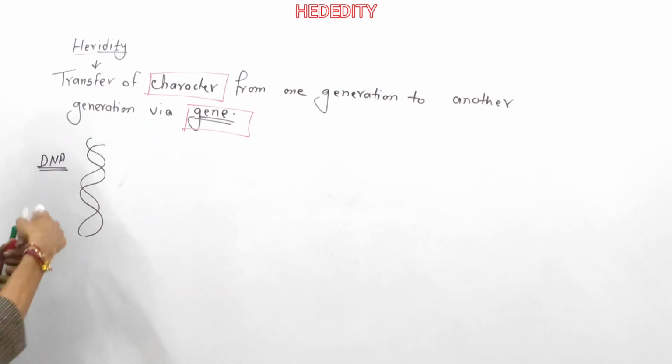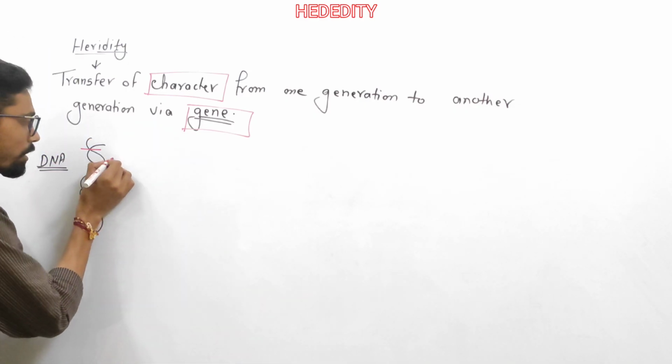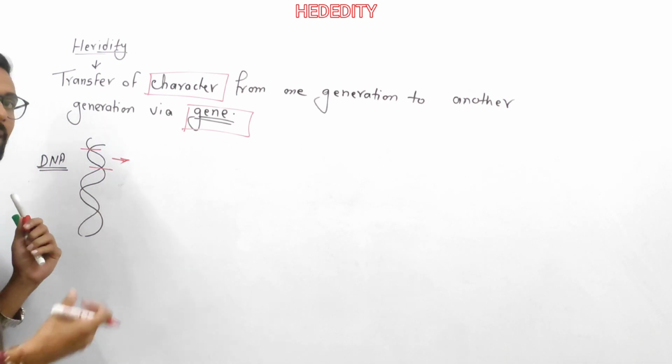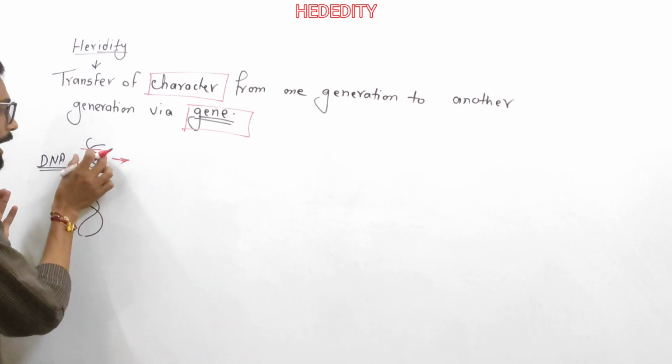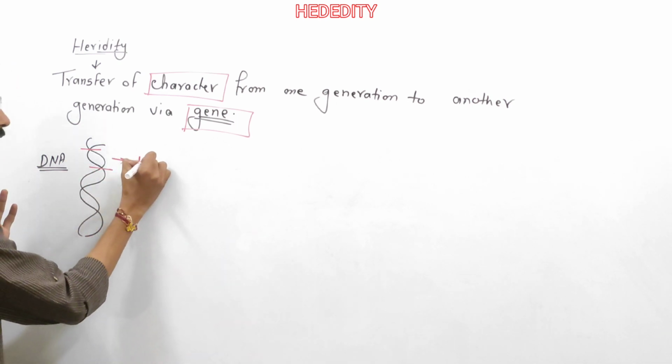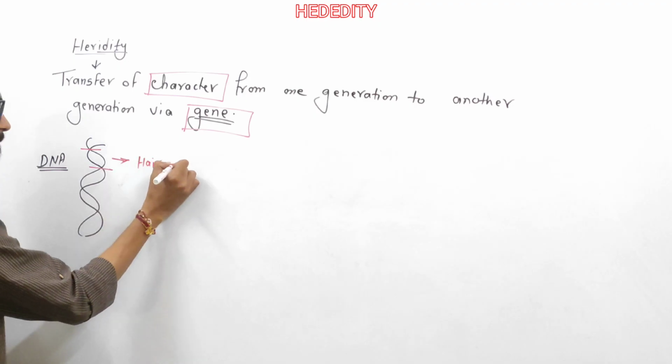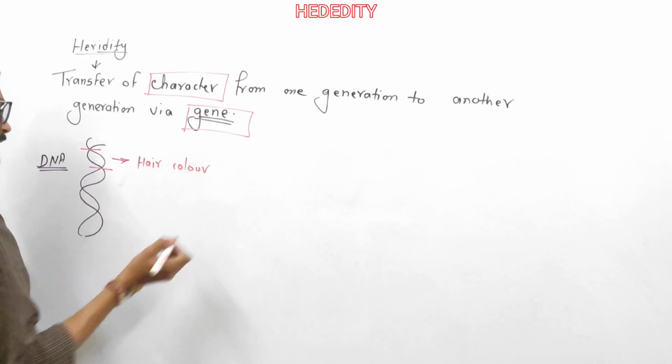This particular DNA has certain types of characteristic information. Let's assume that this part of DNA has the characteristic of hair color.